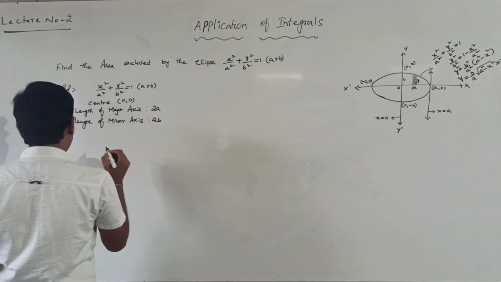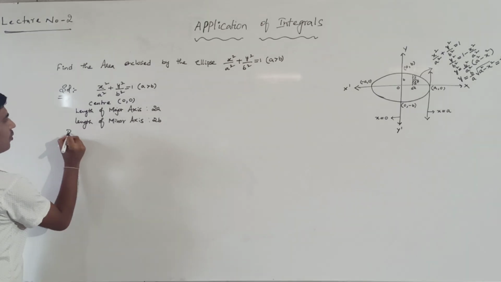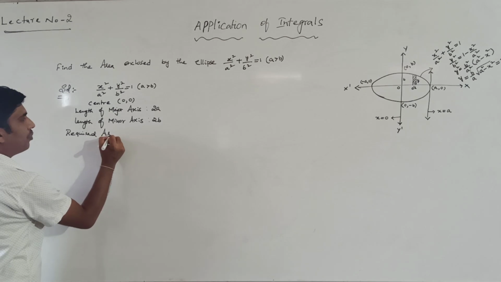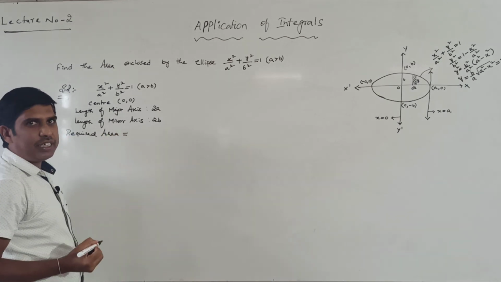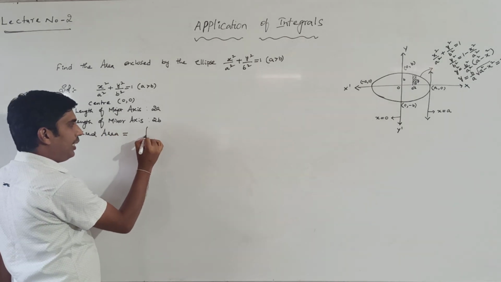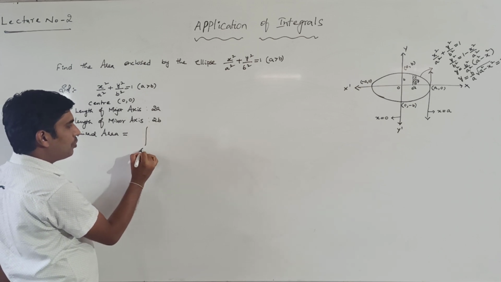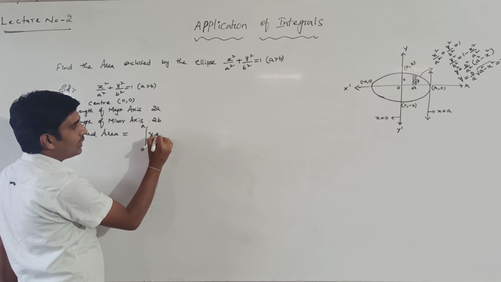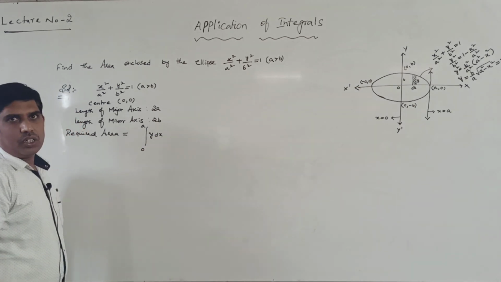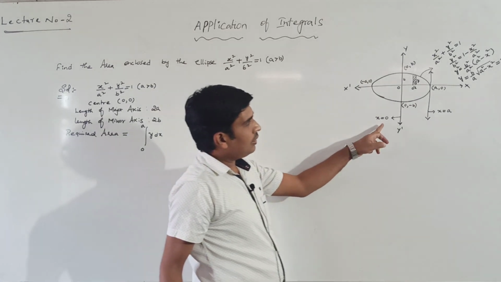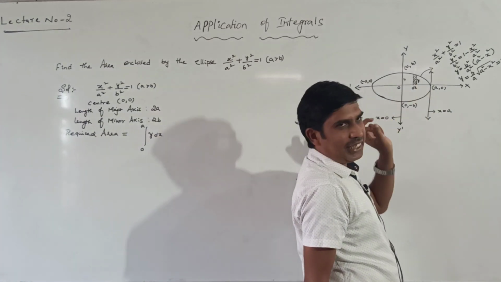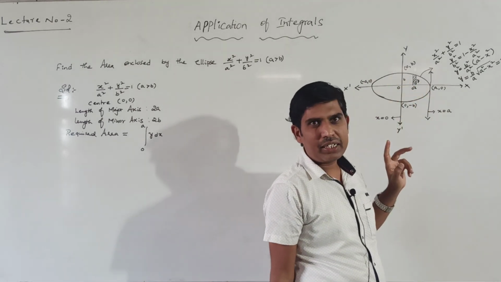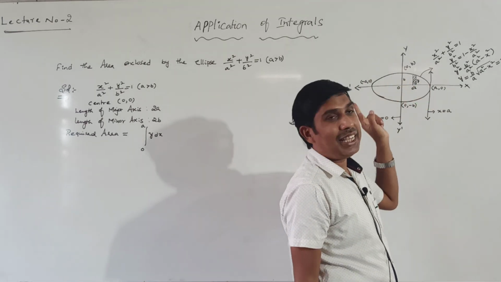So now we can write the required area. So what is the required area here? Integral, limits, what are they? 0 to a y dx. So integral 0 to a y dx, if we evaluate that integral, we'll get the first part, but we need the total area of the ellipse.